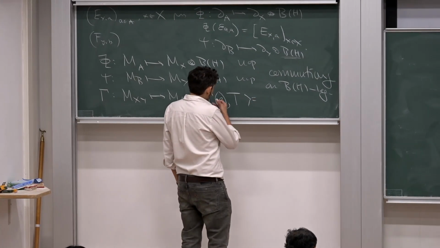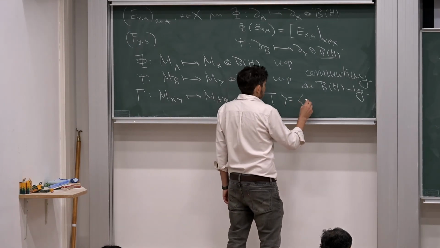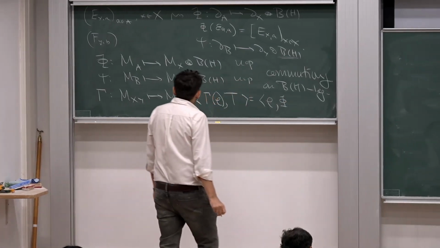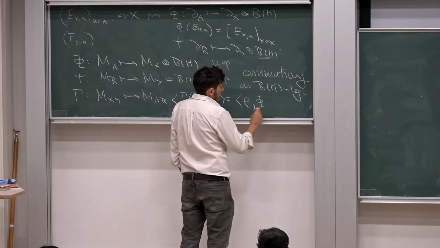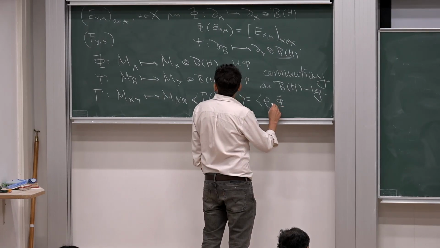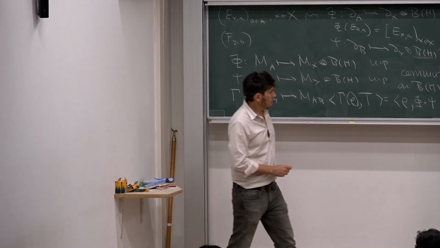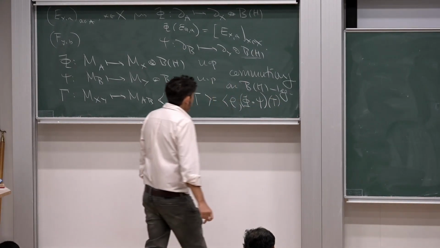By definition, this is the definition of gamma. I will have to pair rho with phi, the operator product of these two, applied at T.